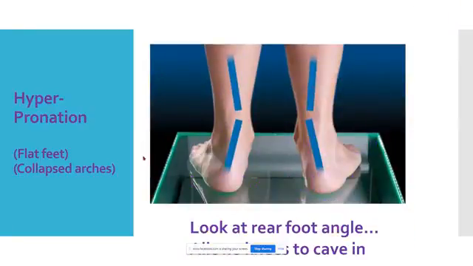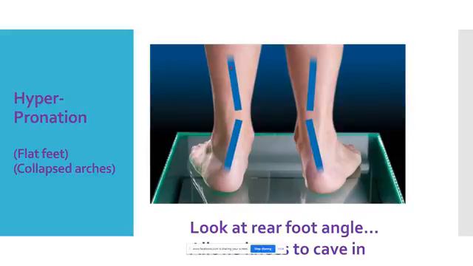First up, this is the collapsed arches, or flat feet. The medical terminology we physical therapists use for this is hyperpronation. When your arches collapse, that's called pronation. One way you can tell if you have this problem is by looking at the back of your leg.